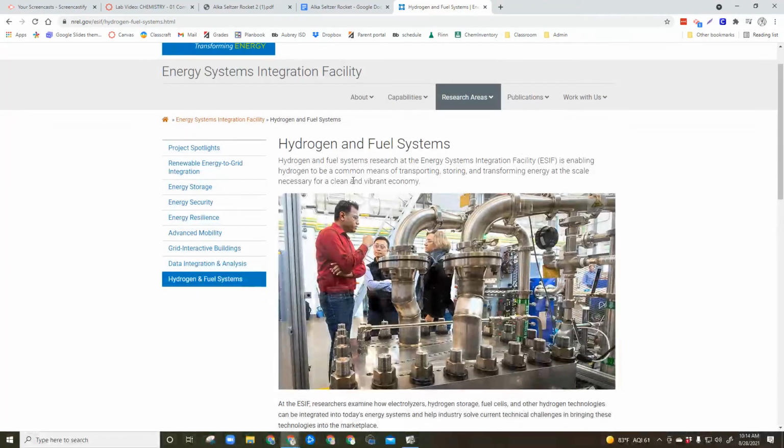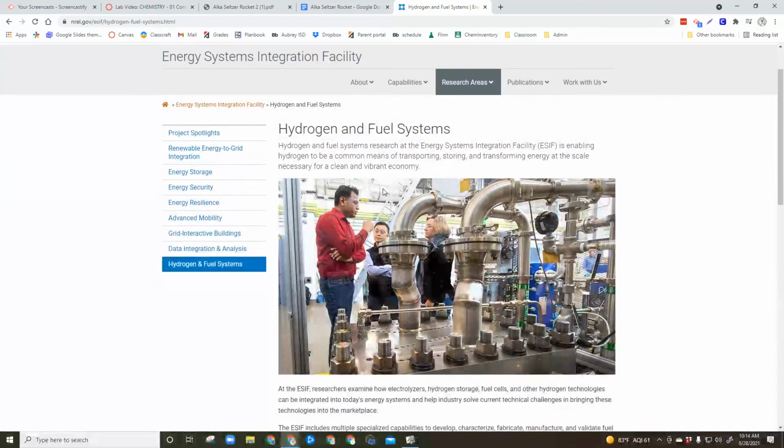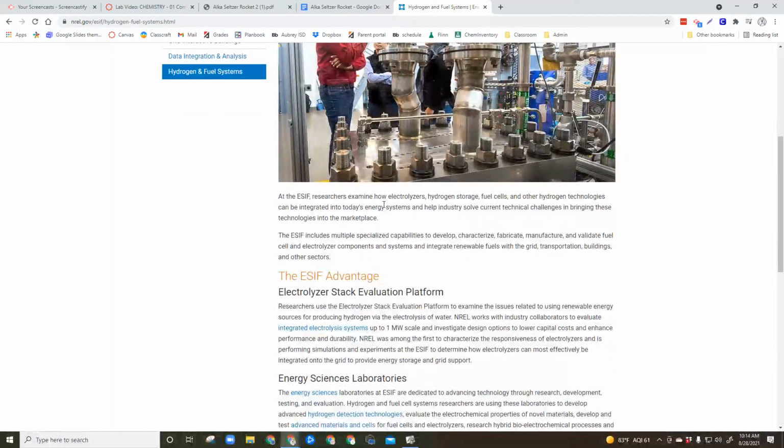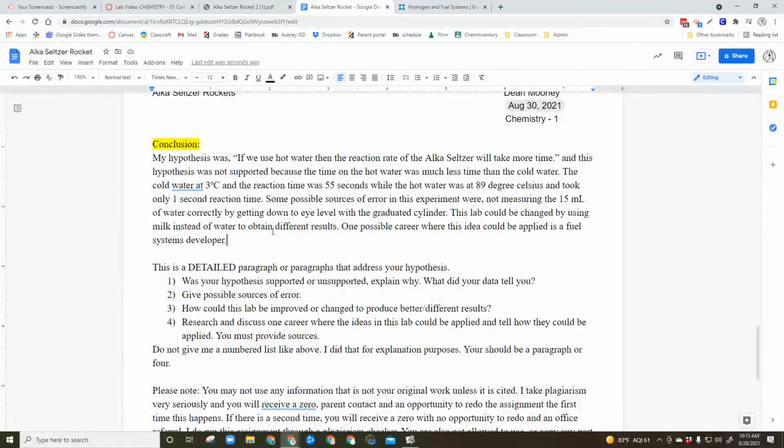And it was this one that we tapped in. Okay, hydrogen fuel systems, transporting energy. At ESIF, researchers examine how electrolyzers, hydrogen storage, and fuel cells and other hydrogen technologies can be integrated in today's energy systems. Okay, so there's your moneymaker right there.